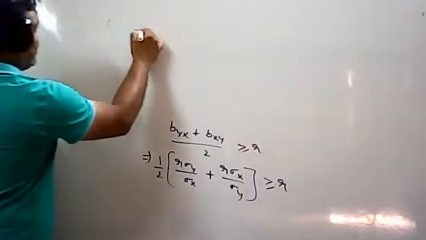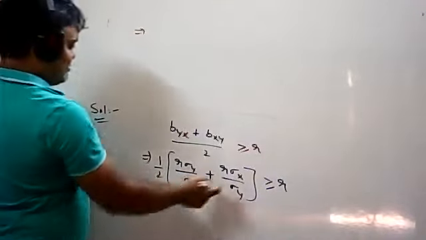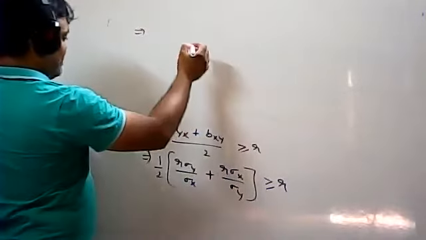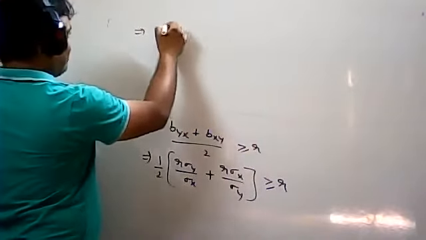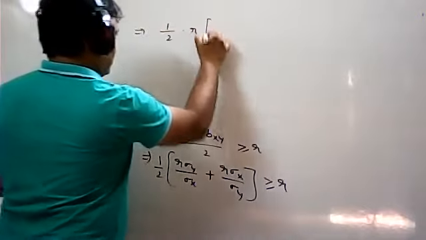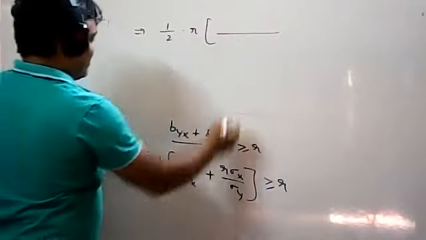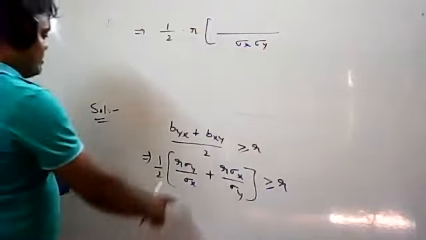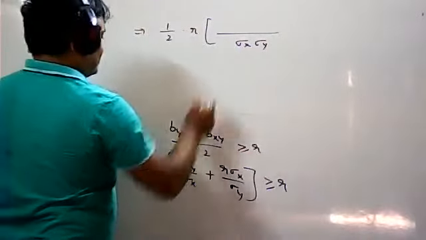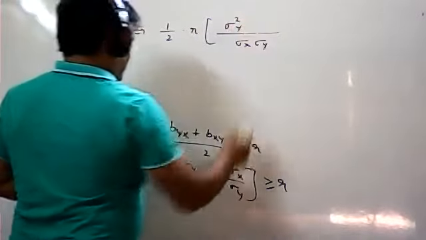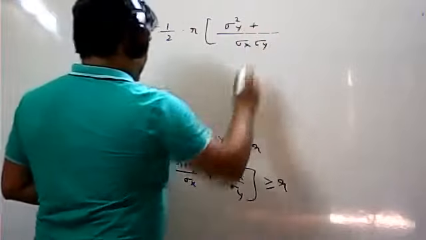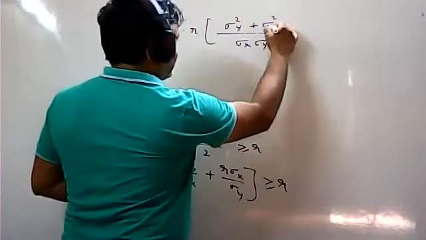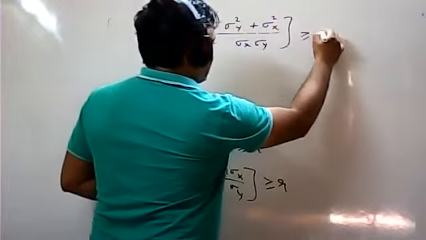So this implies, what is common here? r you can take common. So this is 1 by 2 into r. Now what is the remaining part? For the remaining part I will take the LCM, sigma x sigma y. Sigma x gets cancelled, sigma y into sigma y, sigma square y, plus sigma y gets cancelled, sigma x into sigma x, sigma square x, is greater than or equal to r.